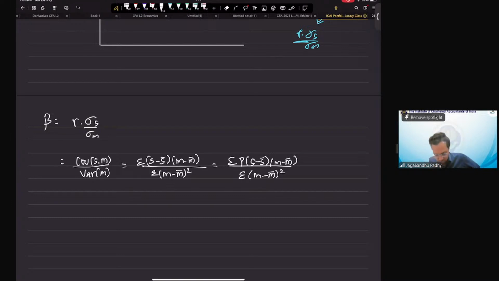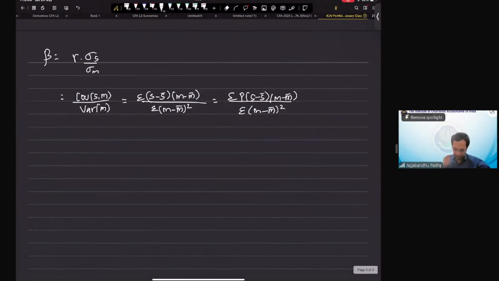Now, one shortcut is also there, wherein you just calculate it as percentage change in security return upon percentage change in market return. Or you can say: security return for the first year minus security return for the 0th year, upon market return for the first year minus market return for the 0th year. When you take this ratio, that also translates to the number beta.